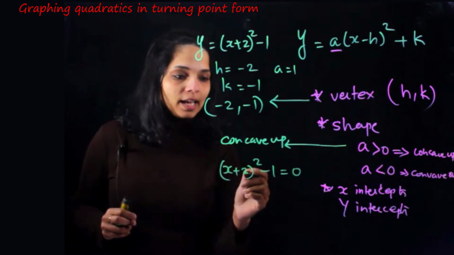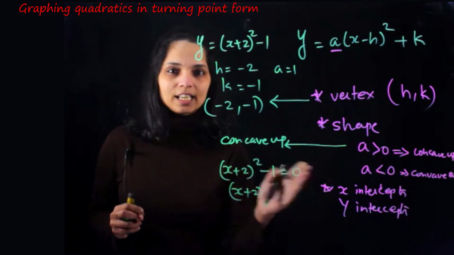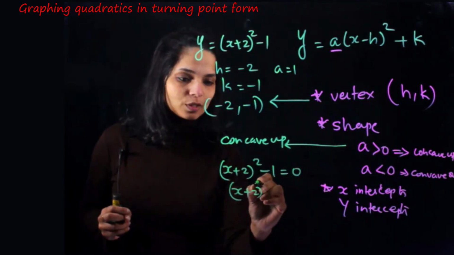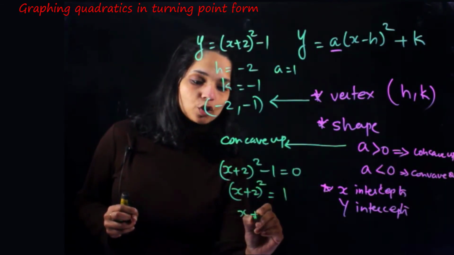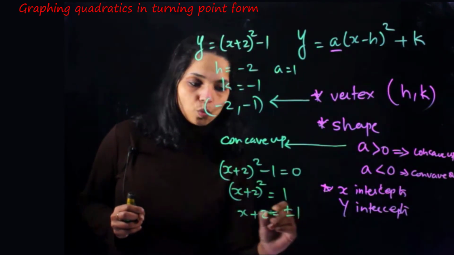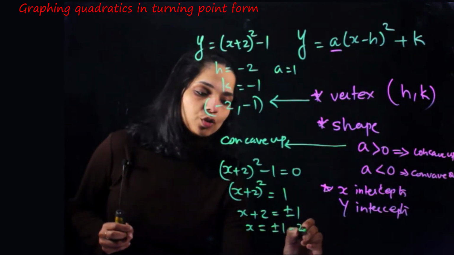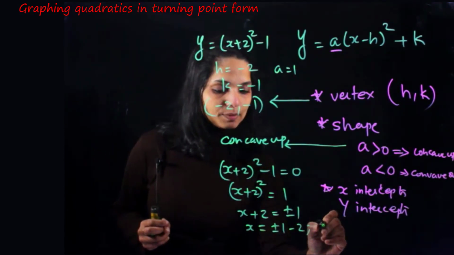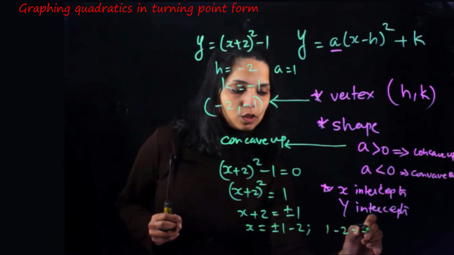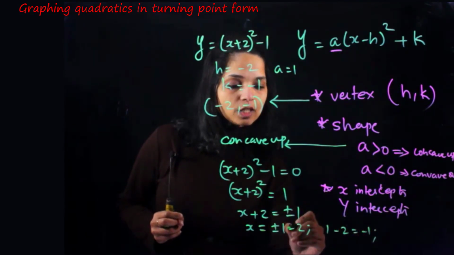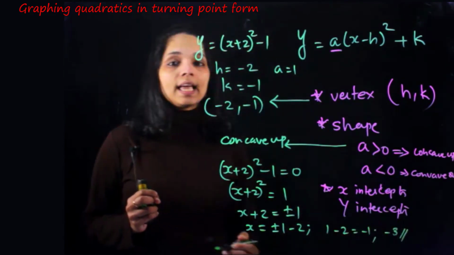This needs simple algebraic manipulation. (x plus 2) the whole squared equals 1, and x plus 2 equals plus or minus 1, so x equals plus or minus 1 minus 2. The two x-intercepts are plus 1 minus 2, which is minus 1, and minus 1 minus 2, which is minus 3.